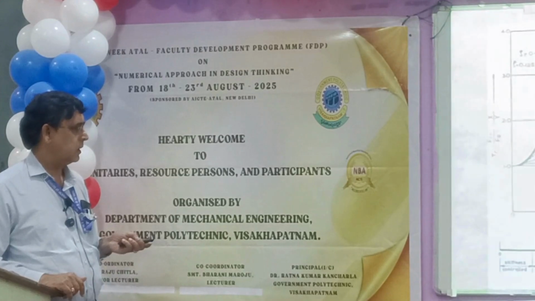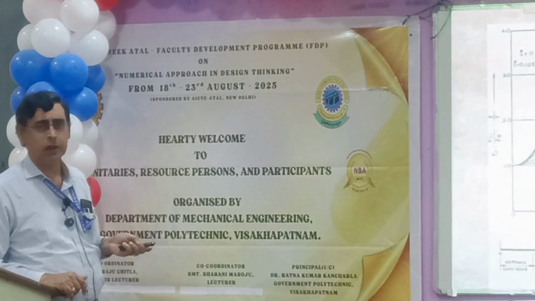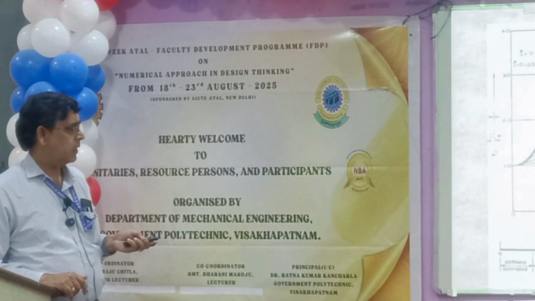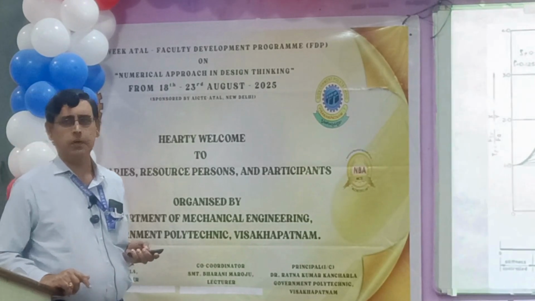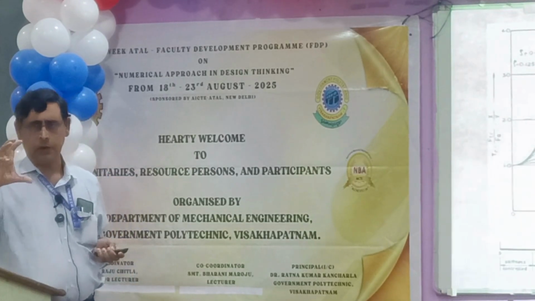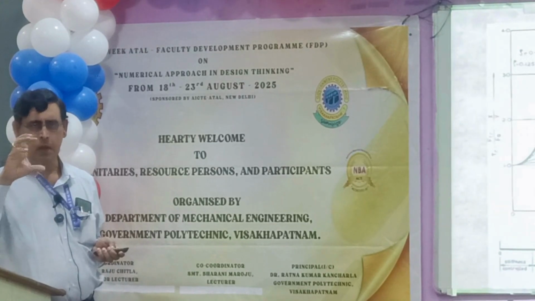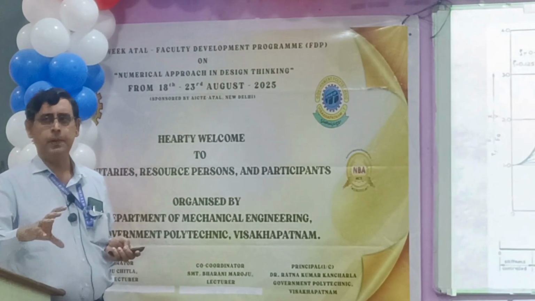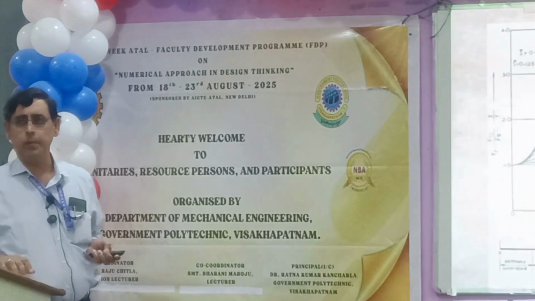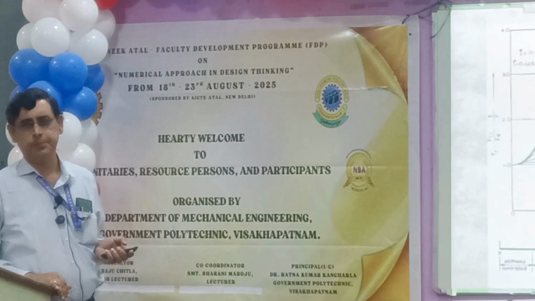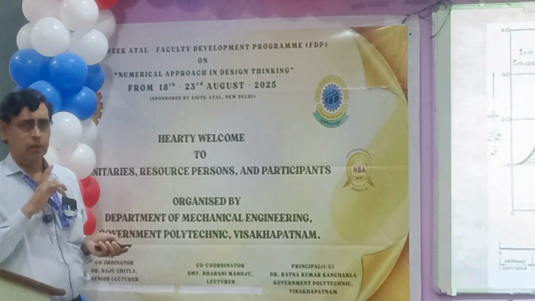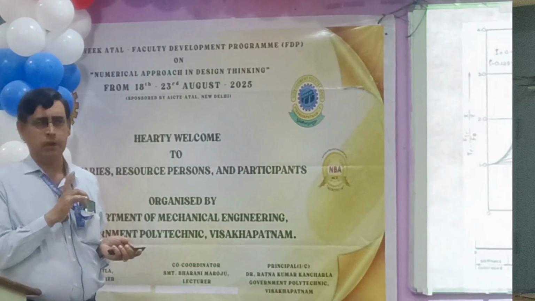You can see here the place where it is crossing into the zone where transmissibility is less than 1 is basically at √2. That means the natural frequency of whatever isolator or rubber you are choosing should meet this criteria of omega by omega n greater than √2. Then only you are in the isolation zone. So this is the crux of isolation.